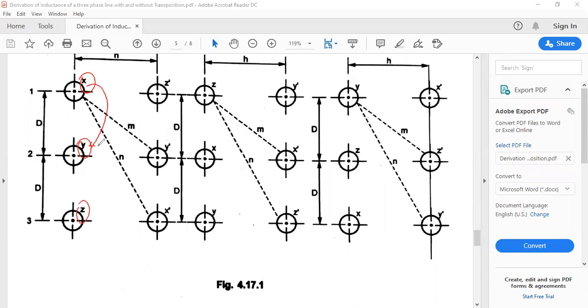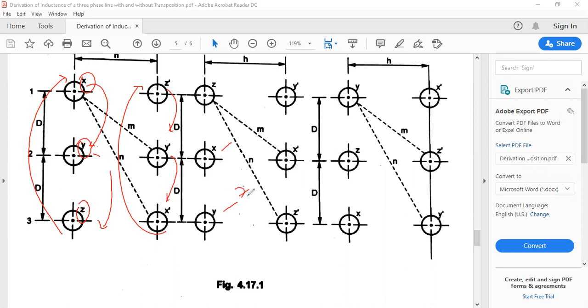So X is replaced with Y here. As soon as Y takes the position with respect to Z, Y moves to Z here, and X and Z move back here. In the same way, X' moves here, Z' moves here and Y' moves here. That's how I can come across the remaining positions also.